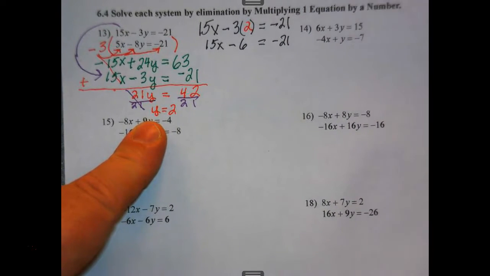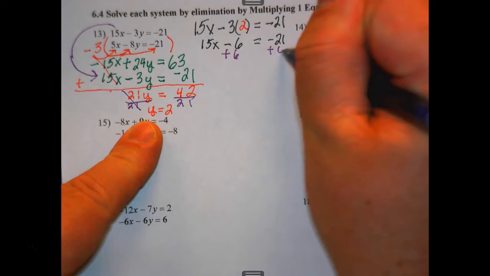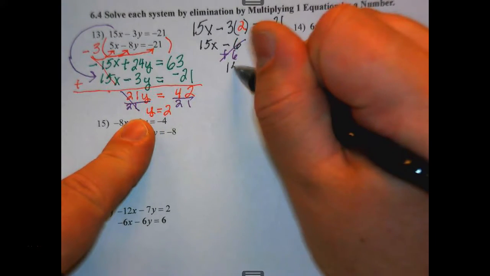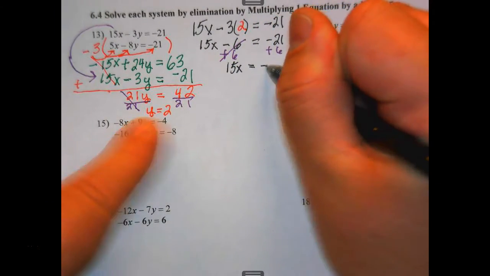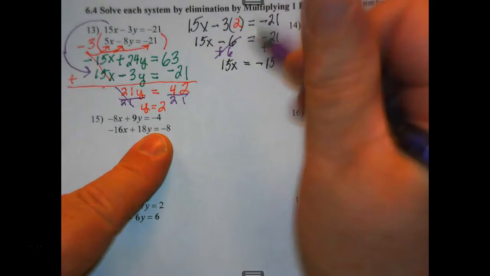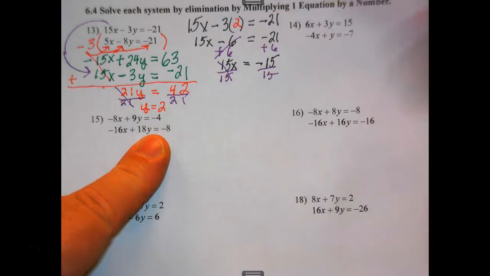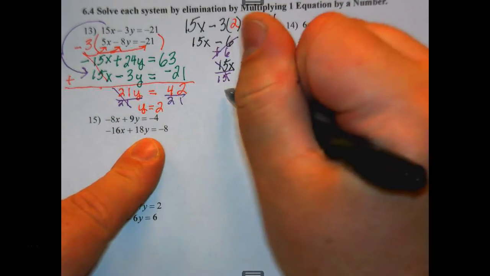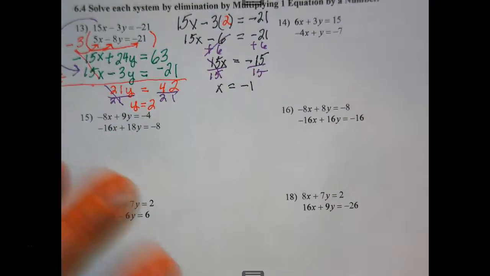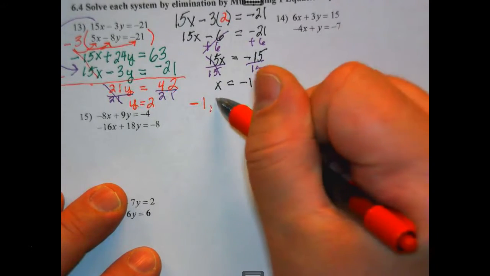Add 6 to both sides. I get 15x equals negative 15. Divide by the coefficient 15. So x is going to equal negative 1. So my answer here, my ordered pair, is negative 1 for x, 2 for y.